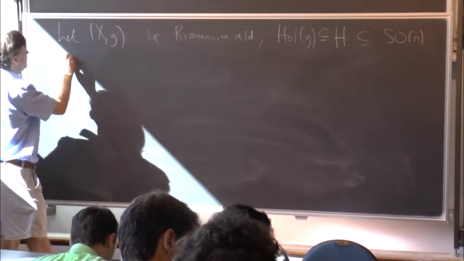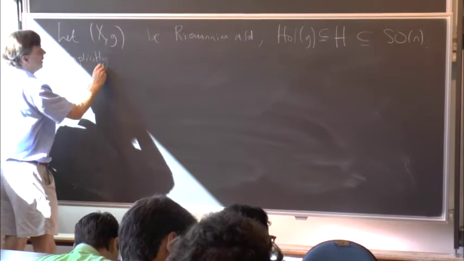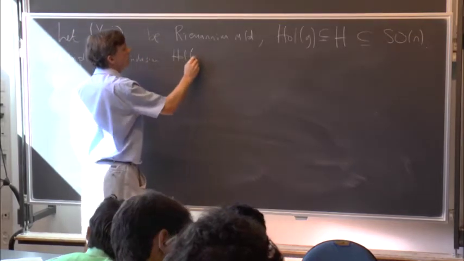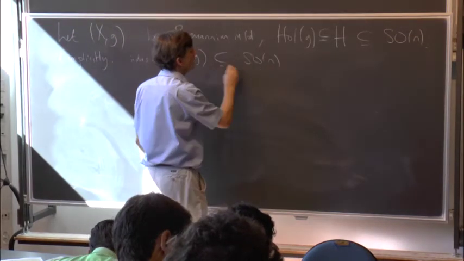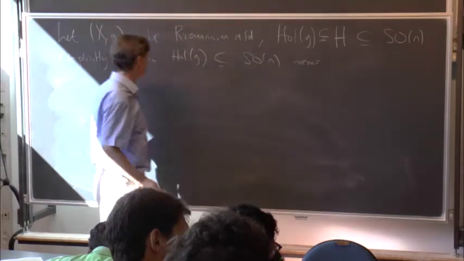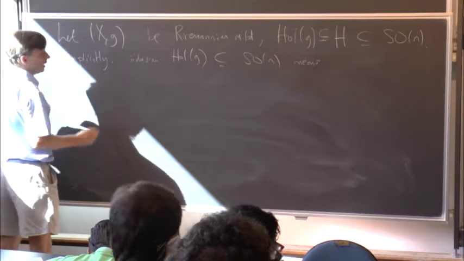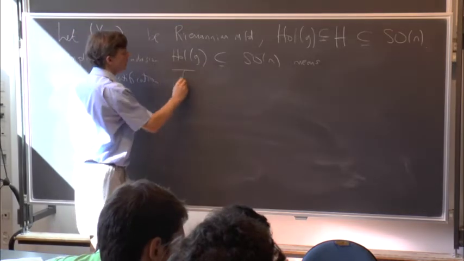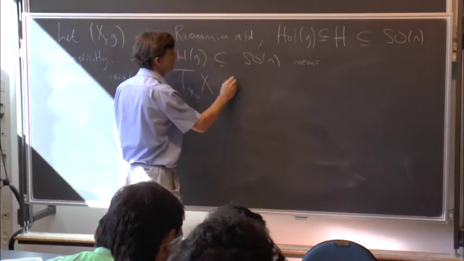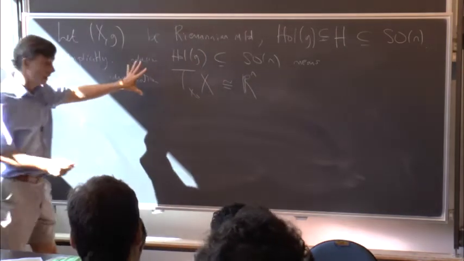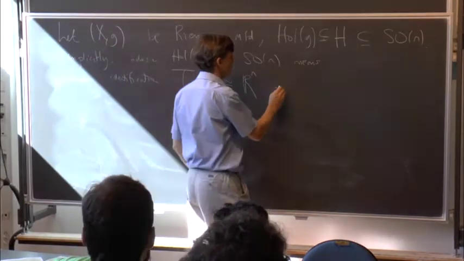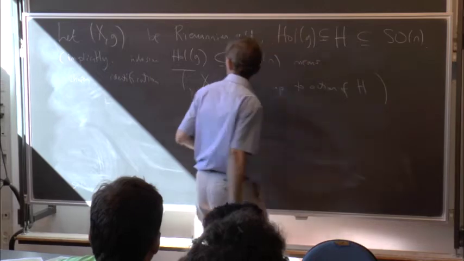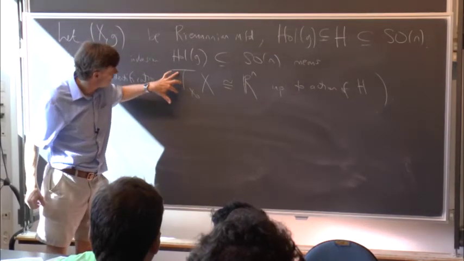So implicitly, the inclusion Hol(G) contained in SO(n) means we've chosen an identification of T_x0 X with R^n, at least up to the action of H. So we've got some special class of identifications between that and this.